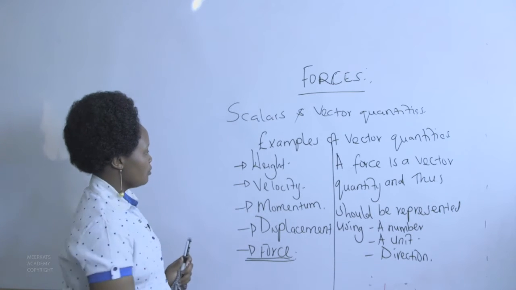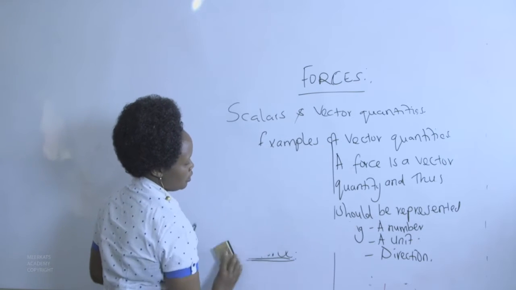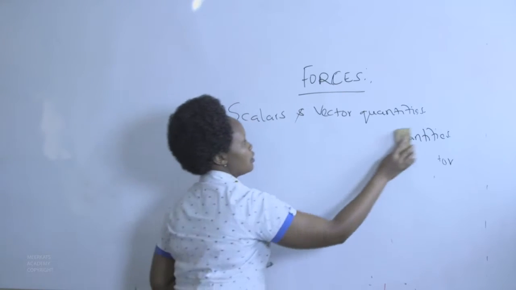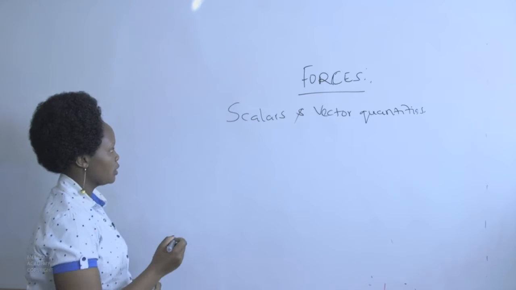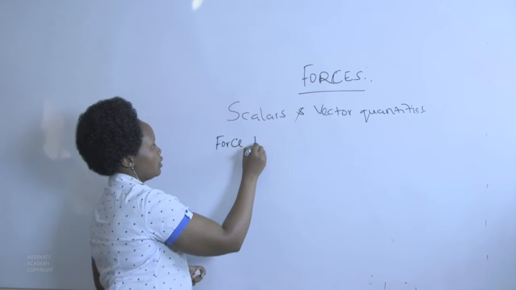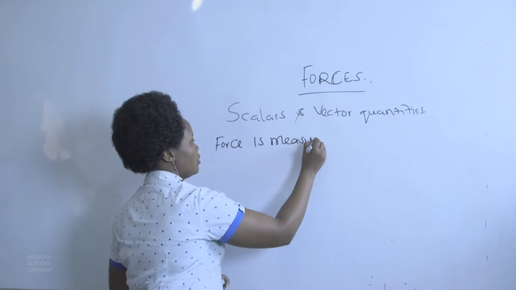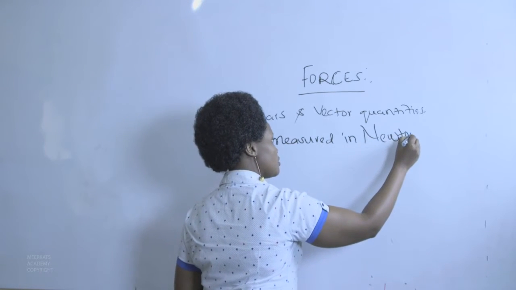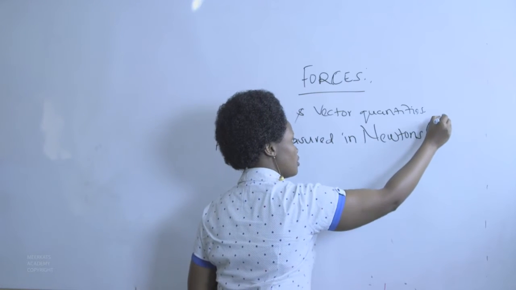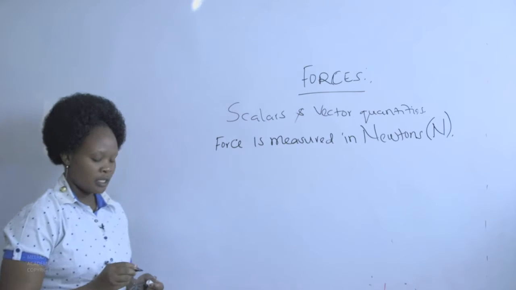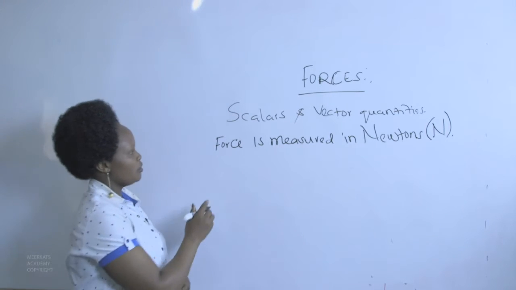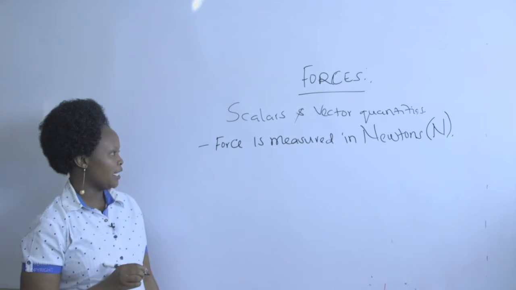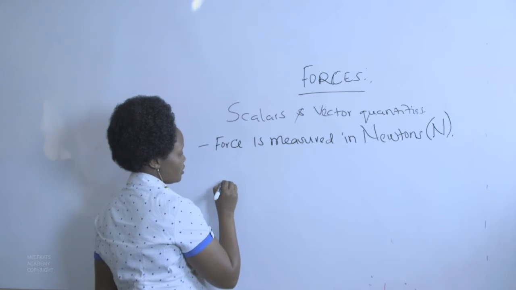Now, before we move on, I will want to point out that force is measured in newtons, and we symbolize it with capital N. It is measured in newtons, and the symbol is capital N. Now, look at this line.